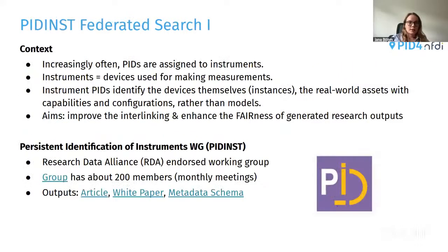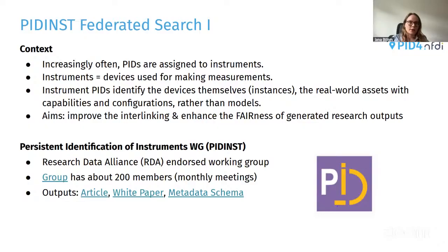The next one is the PID-inst federated search. Now we are coming to added value services that are not about PID registration itself, but about working with existing PIDs and existing PID metadata. And starting with a bit of context, increasingly often PIDs are assigned to instruments, where instruments are devices used for making measurements.